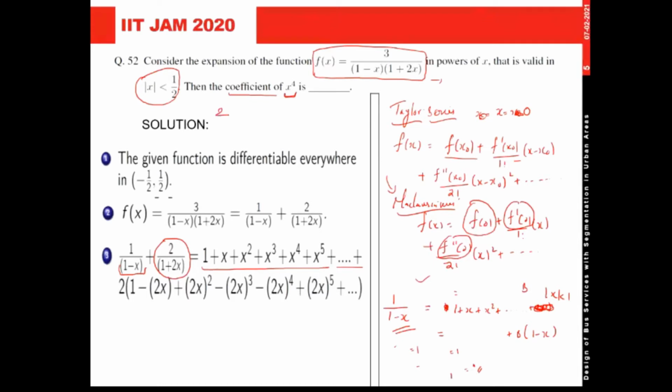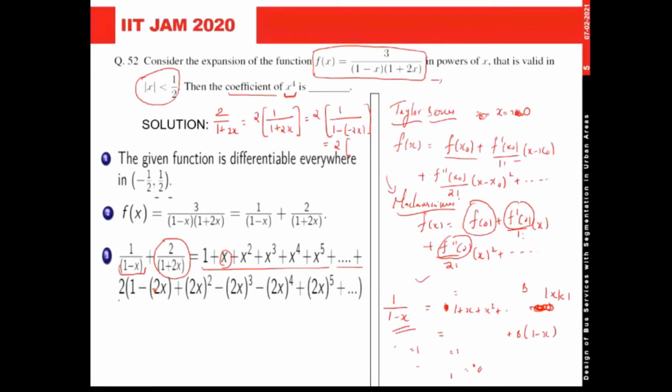Now 2 by 1 plus 2x is of the form 2 into 1 by 1 plus 2x. The expansion of 1 by 1 plus x is the same with x replaced by minus x, so here, instead of x, we directly write minus 2x.